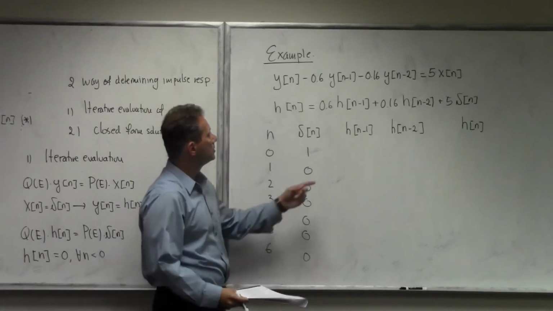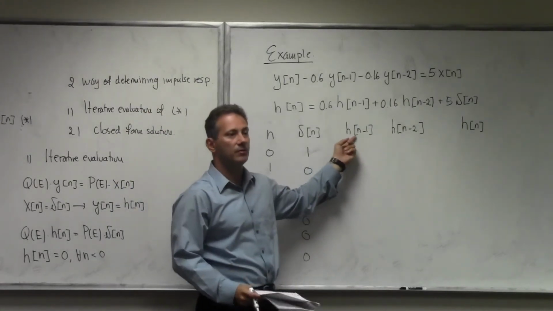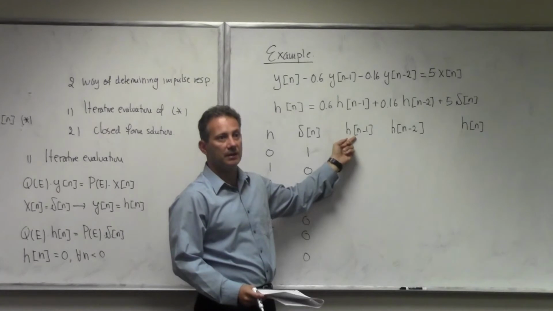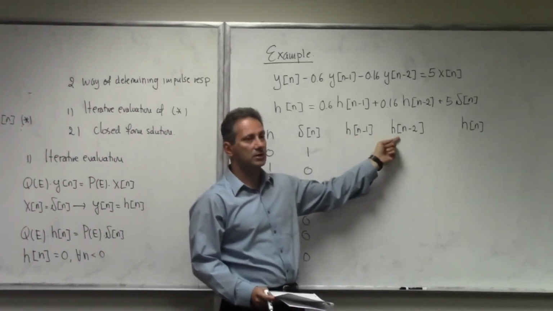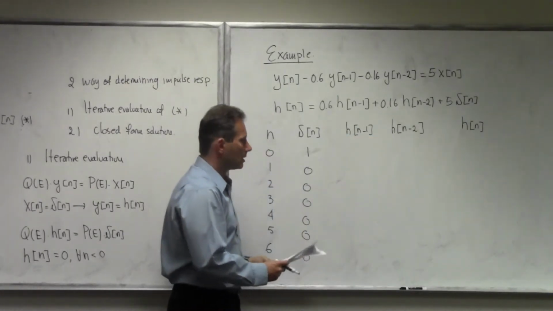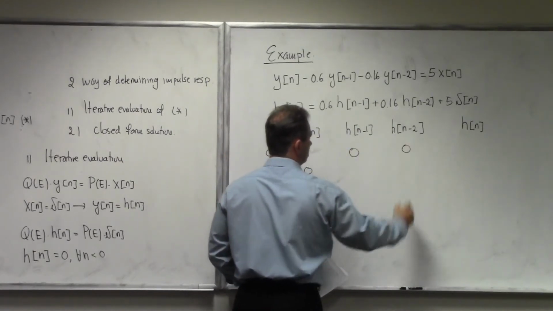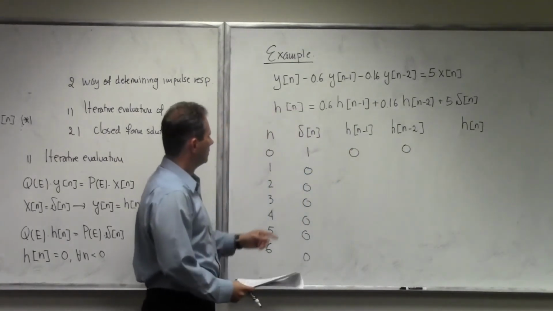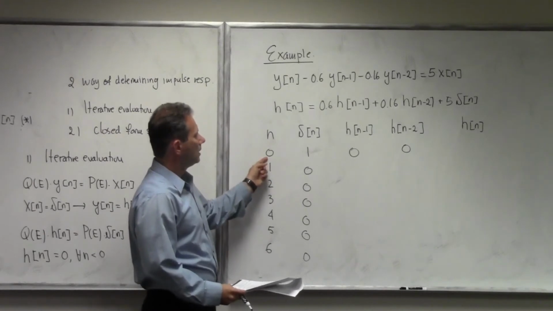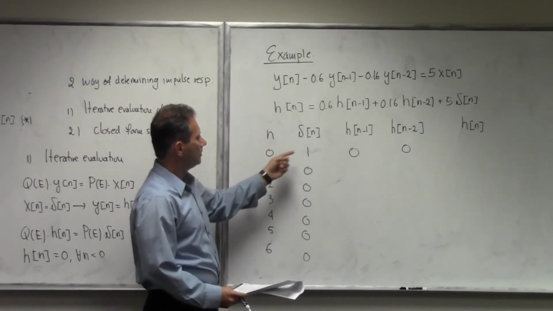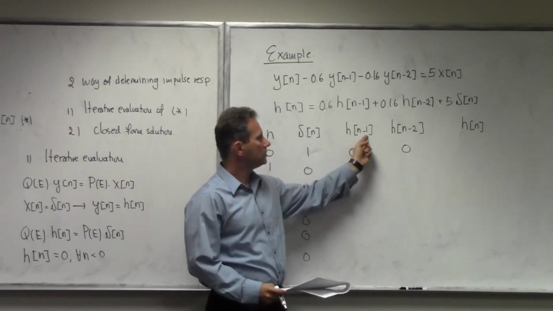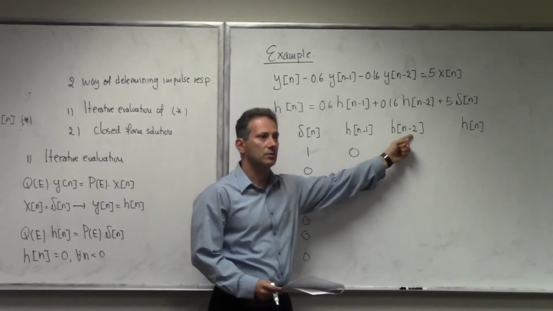I have initial conditions that the system was relaxed before I hit it with delta. Therefore, the outputs are equal to 0 before n equals 0, meaning that h[-1] is equal to 0 and h[-2] is equal to 0.